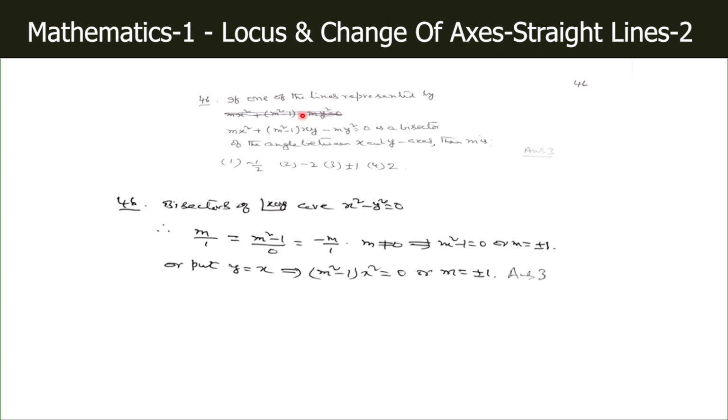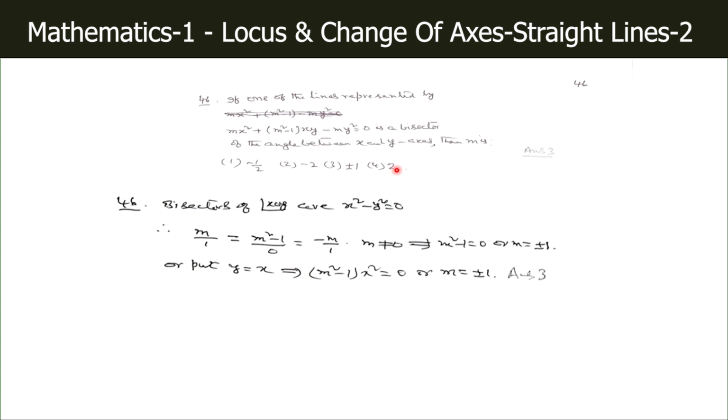If one of the lines represented by the equation mx square plus (m square minus 1) into xy minus my square equal to 0 is a bisector of the angle between the x and y axes, then m is: option 1, minus 2; 2, minus 2; 3, plus or minus 1; 4, 2.